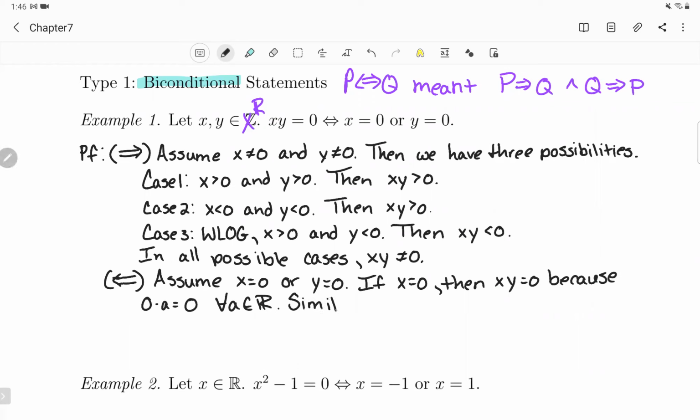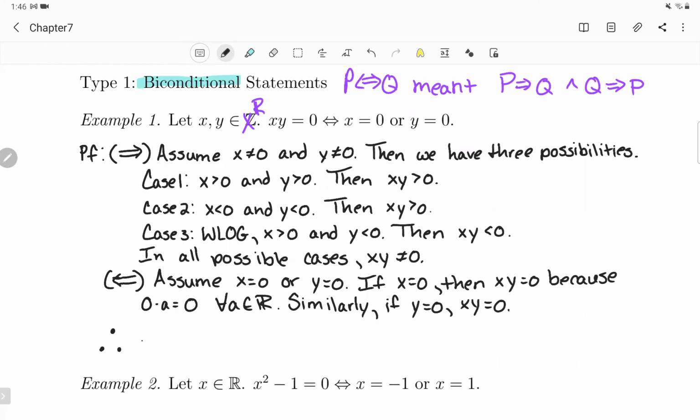Similarly, if y equals 0, xy equals 0. And at this point, we're done. We can add a final statement if we want, but as you get higher and higher in math, they typically will drop that off.